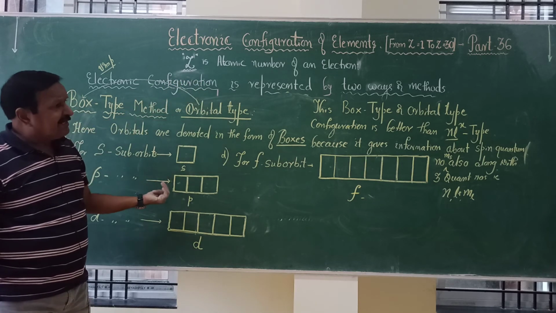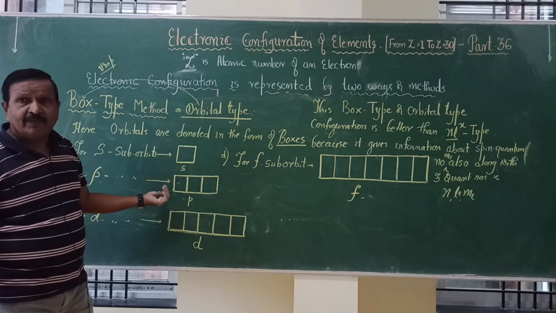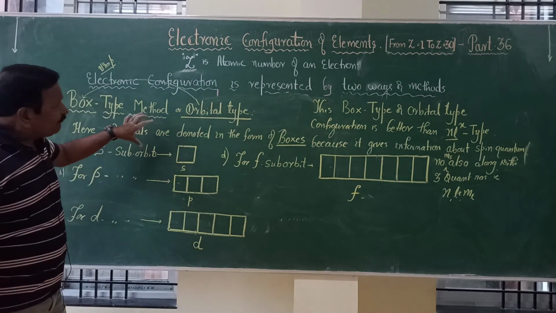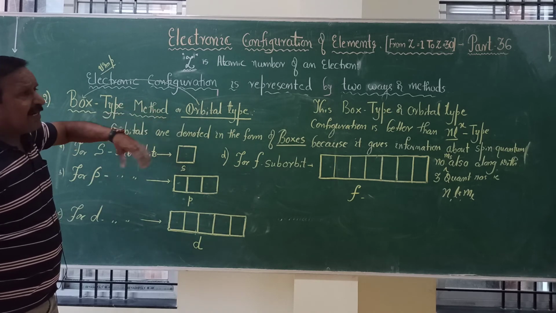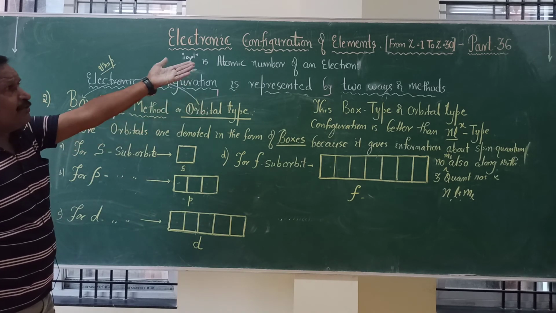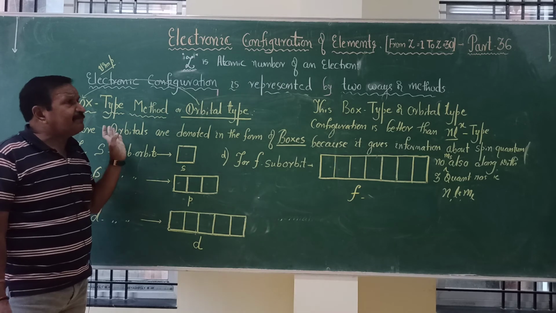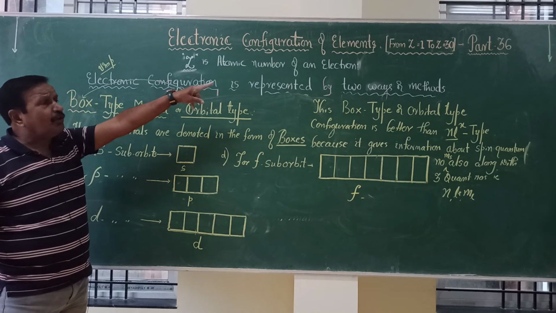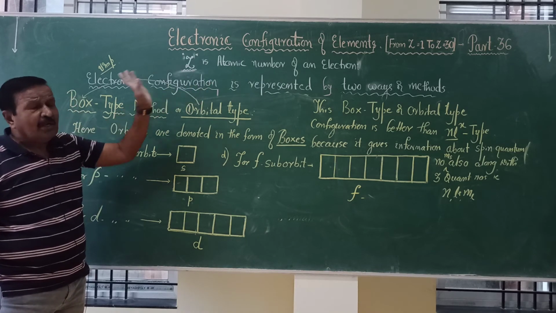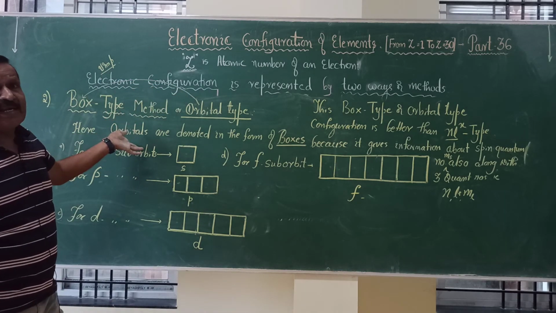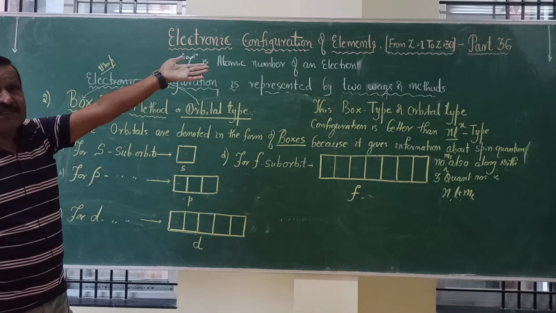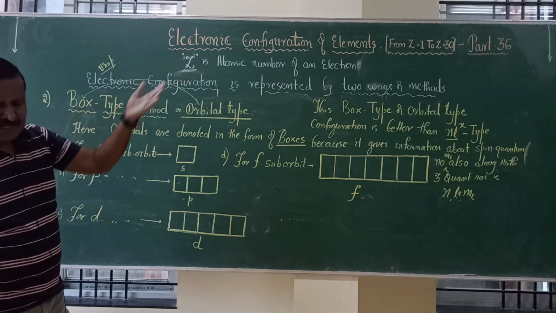But afterwards the nlx type will be continued, because in the earlier syllabus you were expected to write Z equal to 1, starting from hydrogen, 52 elements, but at least now they are requiring minimum 30. That means hydrogen to zinc, okay.